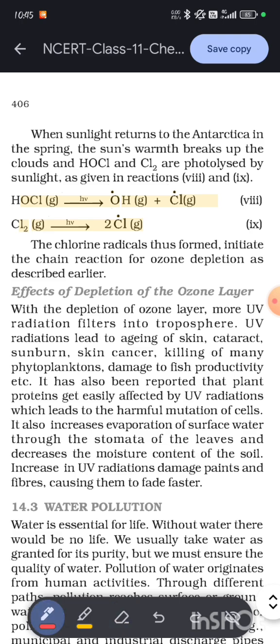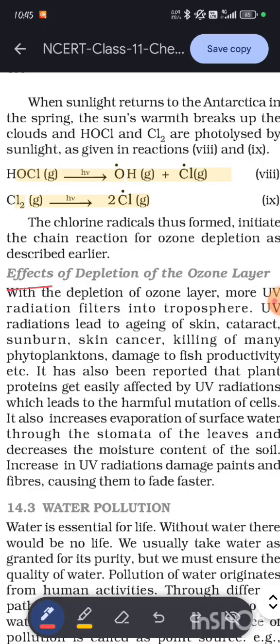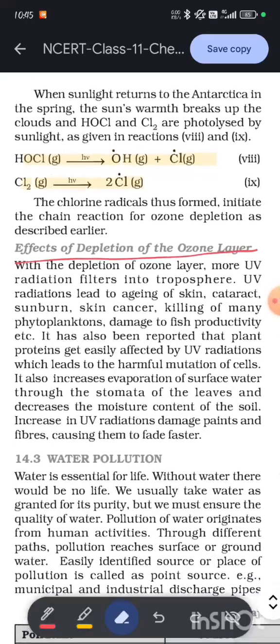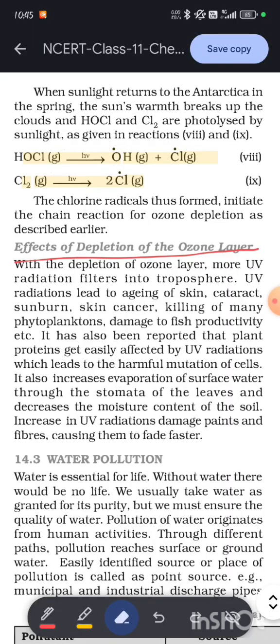Then the next topic is the effect of depletion of the ozone layer. With the depletion of the ozone layer, more UV radiation filters into the troposphere. UV radiation leads to aging of skin, cataract, sunburn, skin cancer, killing of many phytoplanktons, damage to fish productivity, etc. It has also been reported that plant proteins get easily affected by UV radiation, which leads to harmful mutation of cells.